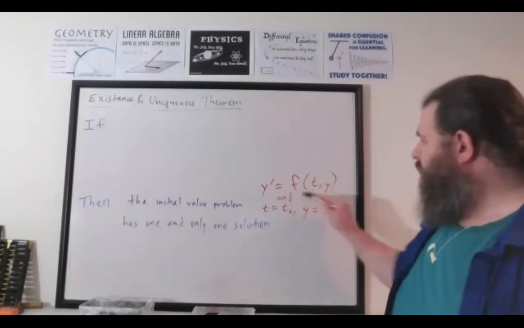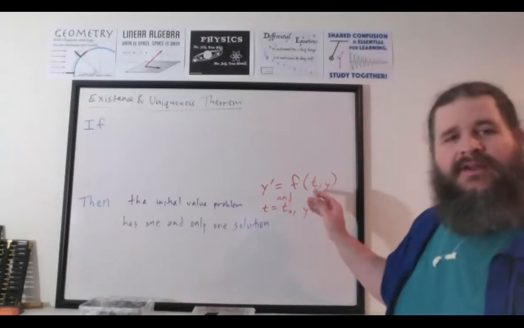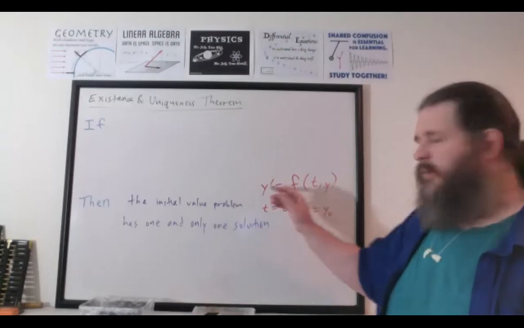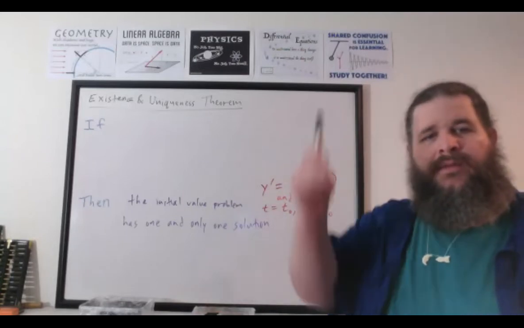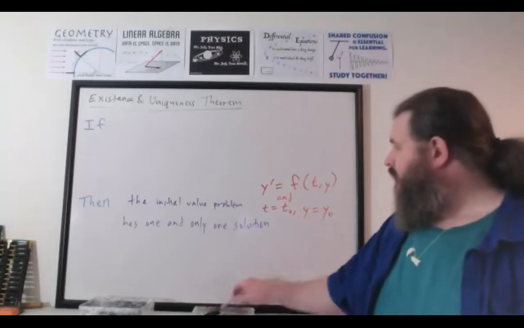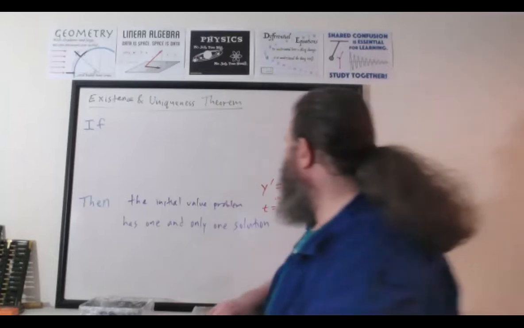Yeah, the function itself has to be continuous because if you have any discontinuities, then that means there's some ty coordinates where the derivative doesn't exist, or where it's a perfectly vertical line, which means it's not really a function. So we need this function to be continuous.